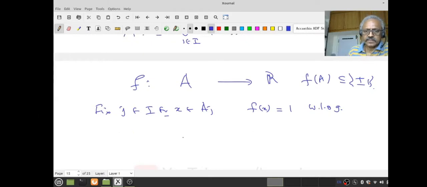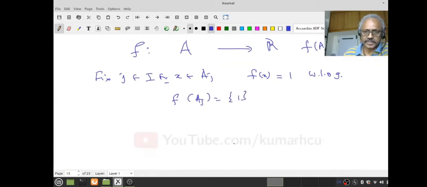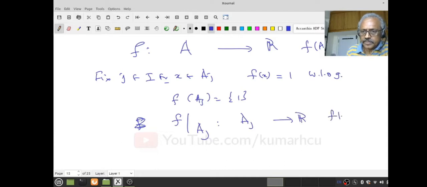Since Aj is connected, I know f of Aj is the singleton 1. It must be a constant. Now let me again go slow: restrict f to Aj, so f from Aj to R. Then f of Aj is again contained in plus or minus 1.